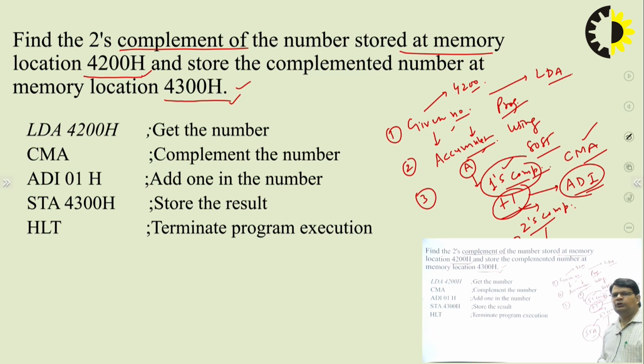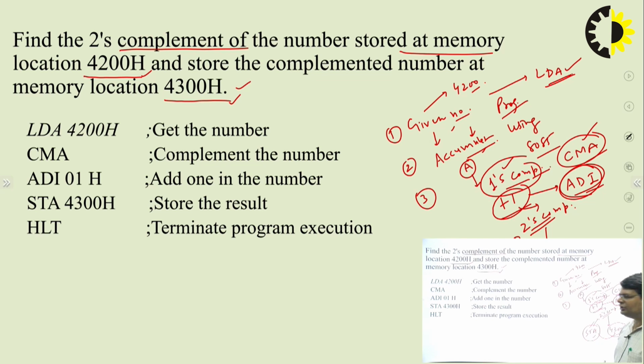So for doing this simple program to convert the given number into the 2's complement form, we will use first of all the instruction LDA to load the given number into the accumulator. Then the 1's complement using the CMA instruction, then the 2's complement by simply adding 1 to that, and the 2's complement now available in the accumulator is to be stored at this location, so we will use STA.